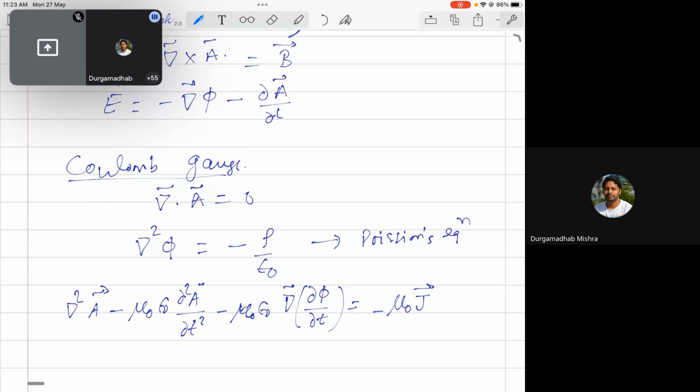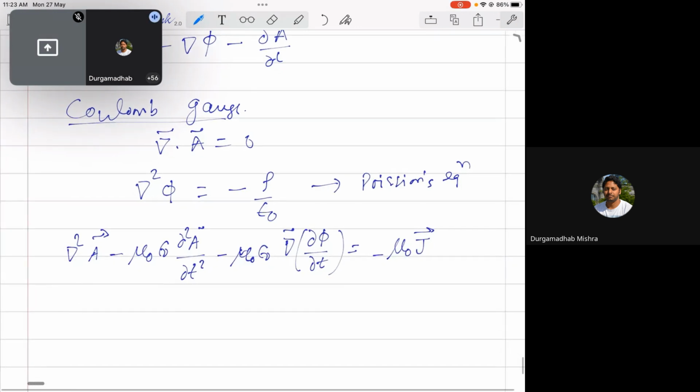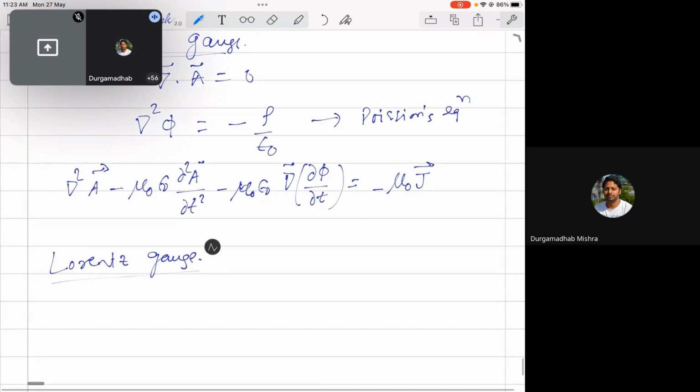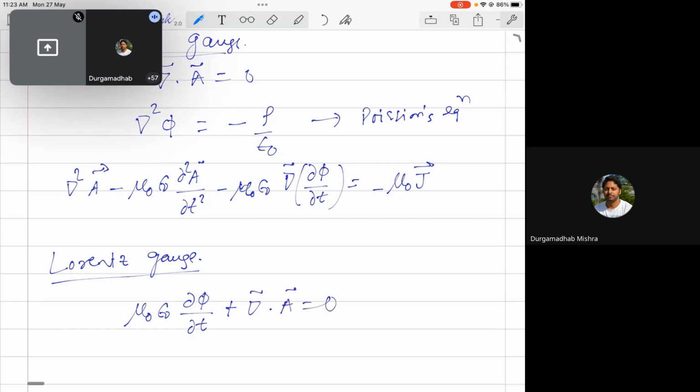Okay, the second condition is known as Lorentz gauge, and the condition is mu naught epsilon naught del phi by del T plus del dot A is equal to 0.